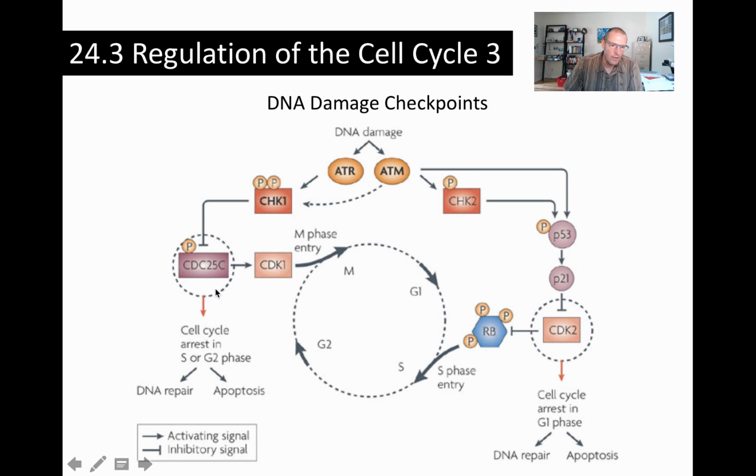So if you inactivate this phosphatase, that means that CDK1 cannot become activated, and you don't get entry into M phase. Sorry, so you get cell cycle arrest. This happens in S phase, but we're talking about G2M here, and that can allow for DNA repair. Or again, if we can't fix the DNA damage, you end up getting apoptosis.